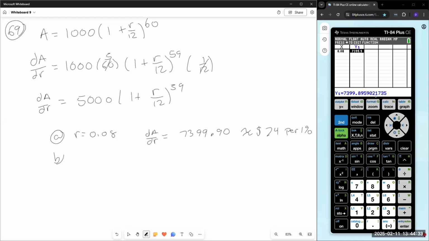So B is going to be R equal to 0.10. So 0.10 gives me dA/dR of 8158.56, and that's going to be about $82 per 1% when we round to the nearest dollar per 1%.